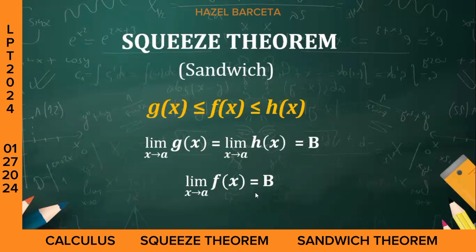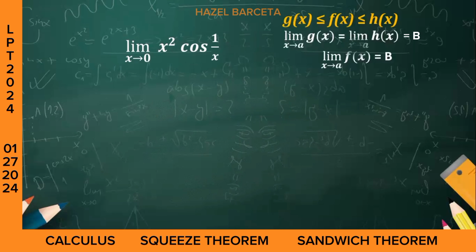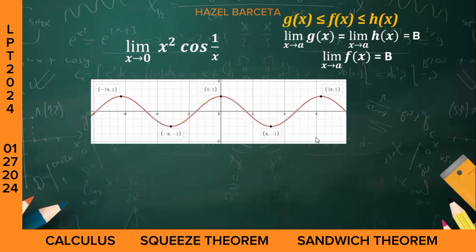Okay? So, ito po yung i-apply natin sa ating problem. Copy natin para meron po tayong guide. So, for now, consider po muna natin ang cosine x. Hayaan po muna natin ito. So, cosine x, the graph of cosine x is like this. So, this is y equals cosine x. Mapapansin po natin na dito lang siya iikot, alon-alon lang siya dyan.